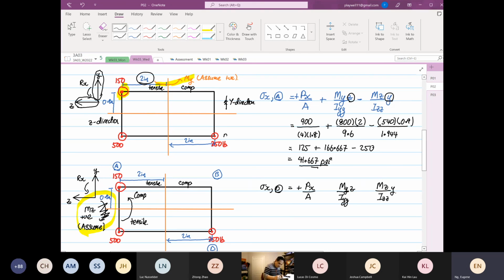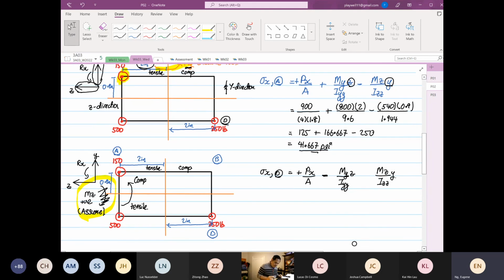Point D is where we are concerned, so we look at moment about Y. It is going to induce a compression, so this is minus. And at point D, Mz is going to induce a tensile.